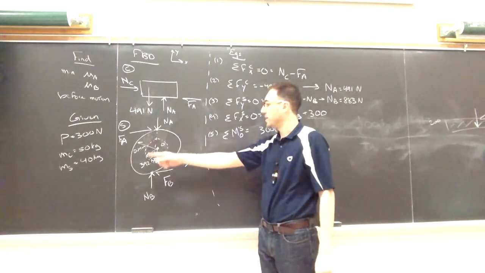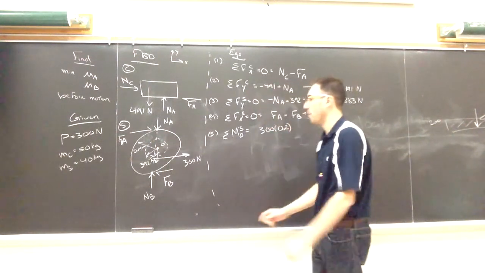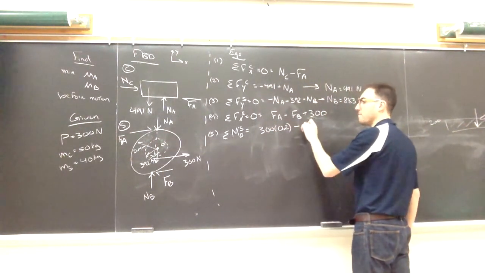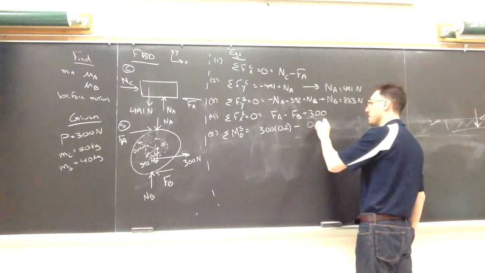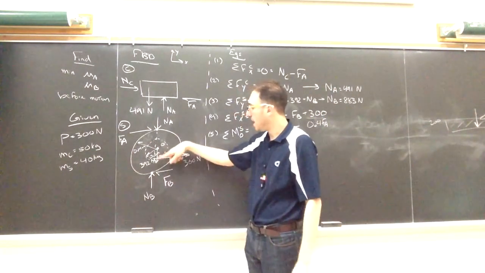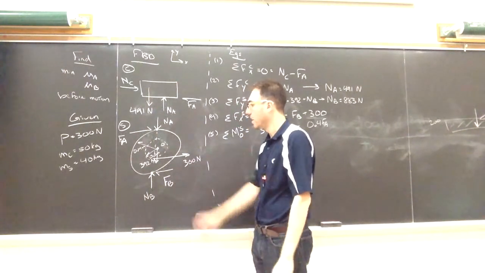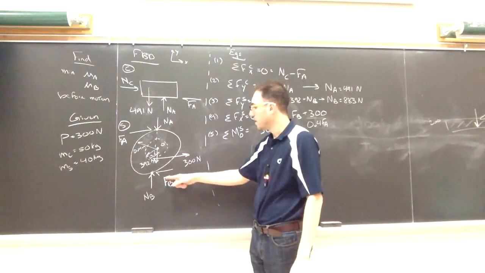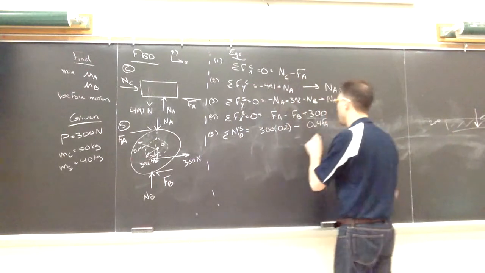From the friction force on the top, that's 0.4 meters away, that'll be a negative 0.4 times FA. And then a moment at the bottom that's also going to be going clockwise, so that's FB times 0.4.